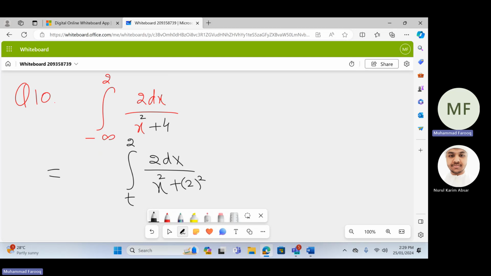Now you have to tell the reader what T represents: T is going towards negative infinity. How do I write this mathematically? Let T approach negative infinity, with a limit.